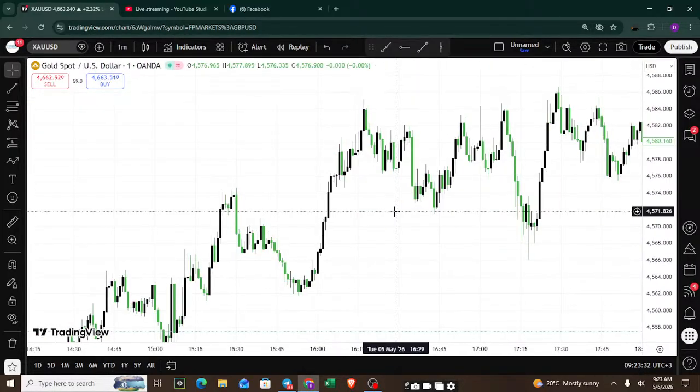Now the reason why I have diversified to go to gold after trading GBP USD for a long time is because right now GBP USD is in a very strong consolidating market.